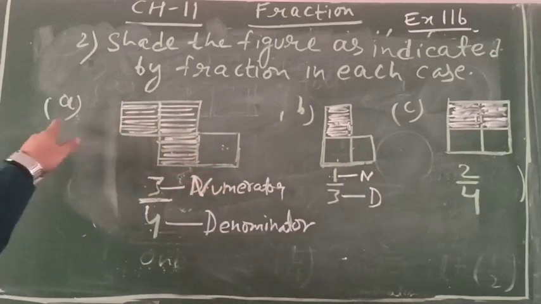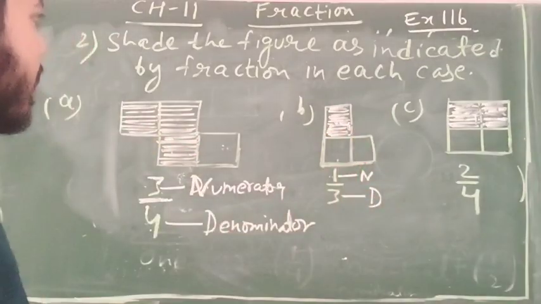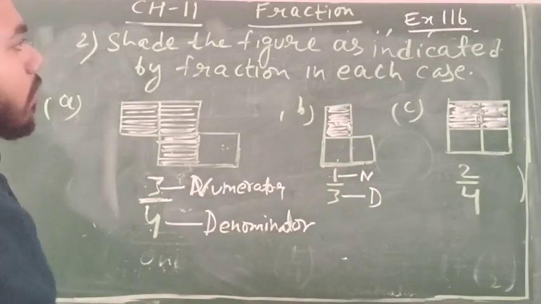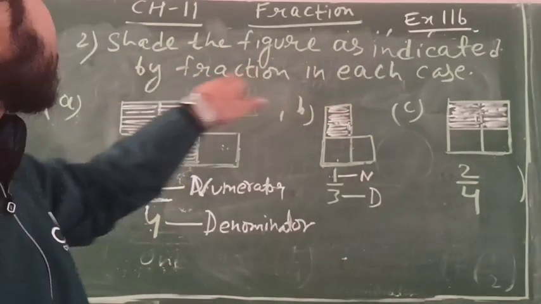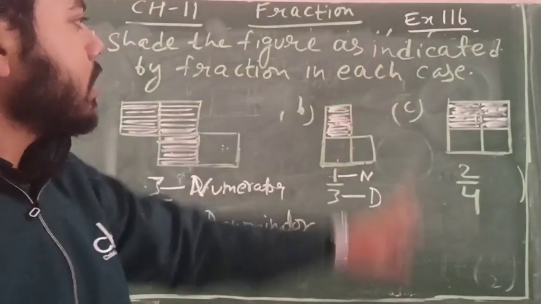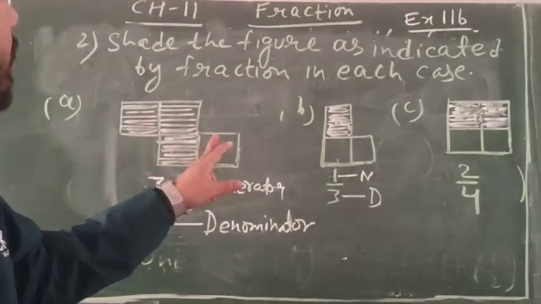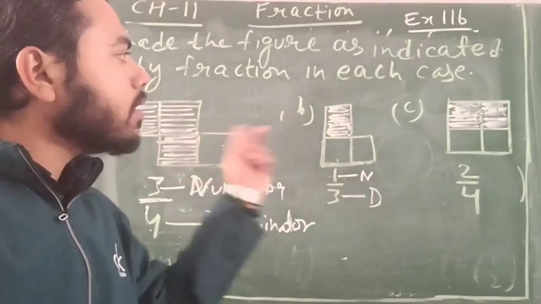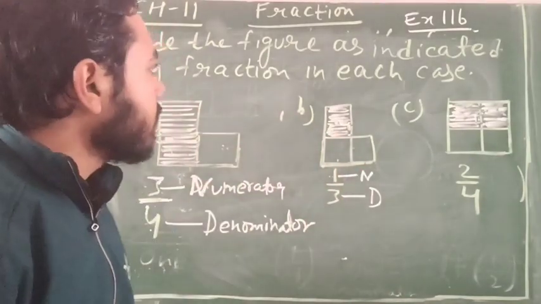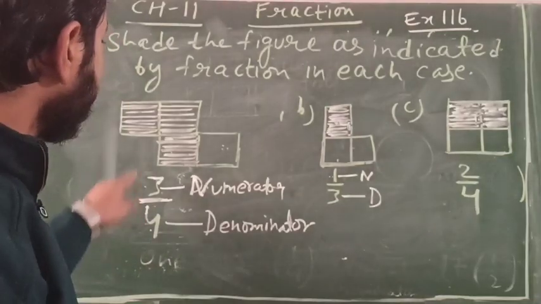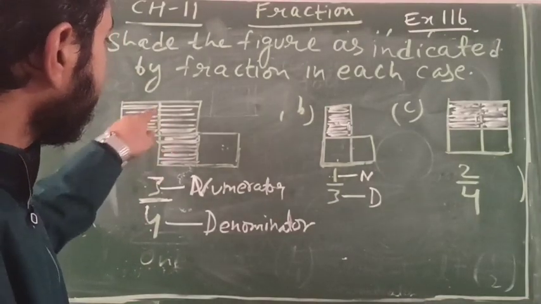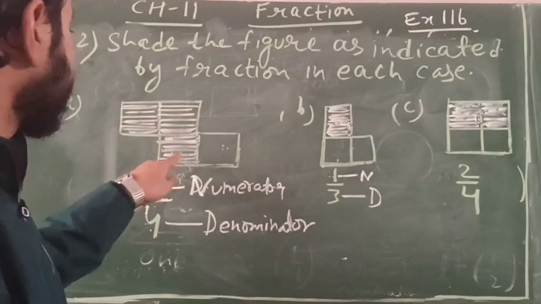Here we have solved all the given fractions a, b, c. Our question was to set the figure as indicated by the fraction in each case. So here 3 by 4 means you have to set 3 parts.